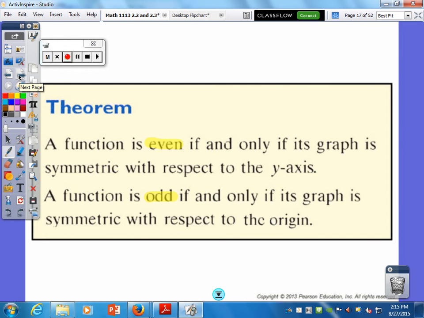A function is even if and only if its graph is symmetric with respect to the y-axis, and I showed you an example. Remember, I'm not good at memorizing facts, but I am good at relating it back logically. My most basic even function is y is equal to x squared, so it reminds me that it is symmetric about the y-axis.